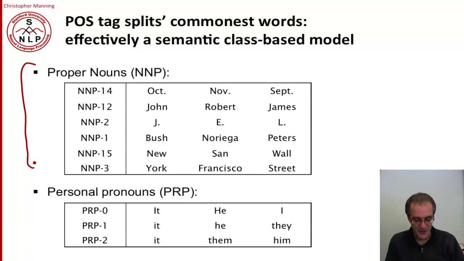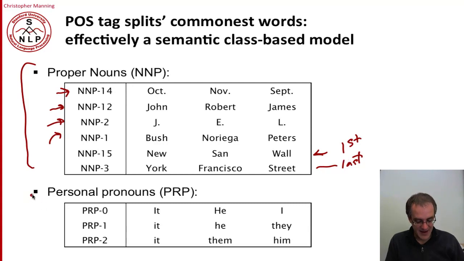So we have a subcategory of proper nouns, which is abbreviations for months. We have another one that's first names, another one that's initials, another one that's last names of people. And then we have 2 corresponding states here for what are location names, which are multi-word, and again we have a first word here and a last word here. So we have these kind of interesting semantic subclasses of nouns.